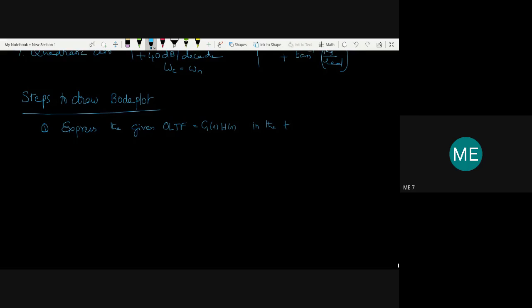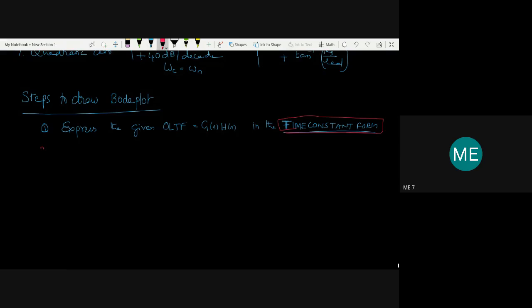This is very important. That is the 1 plus Ts form. If it is not there, make it into a 1 plus Ts form. This is very, very important.